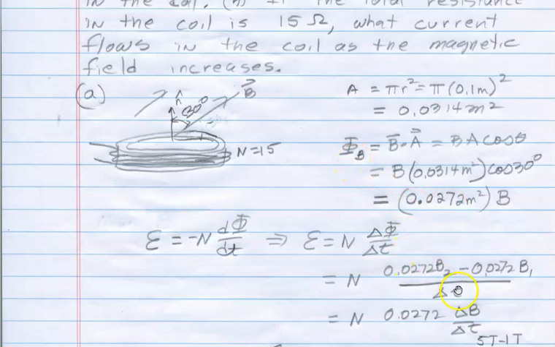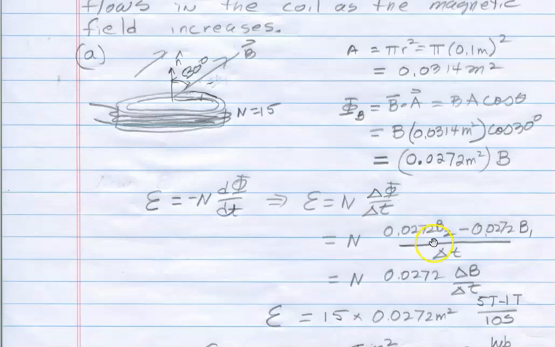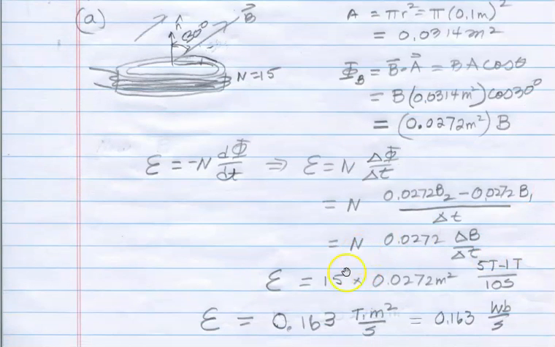Phi B at the later time is just that factor times B2. And at the earlier time, it's that same factor times B1. Or if you like, you can factor out the 0.0272, which I did here, delta B over delta t. That's the change in magnetic field with time. That explicitly displays it. In our case, N is 15.